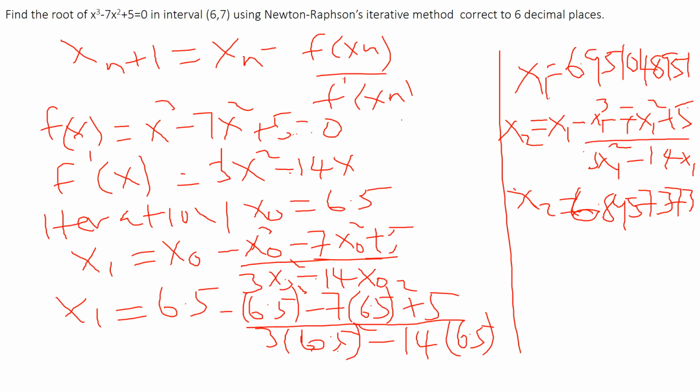Our third approximation, x3, will be given by x2, the second approximation, minus our function, x2 cubed, then minus 7 x2 squared, then plus 5, and then this we divide by 3 x2 squared, then minus 14 x2.